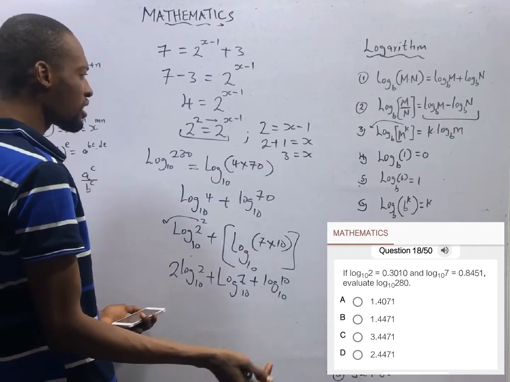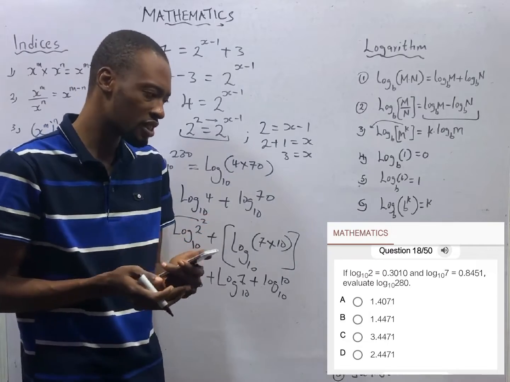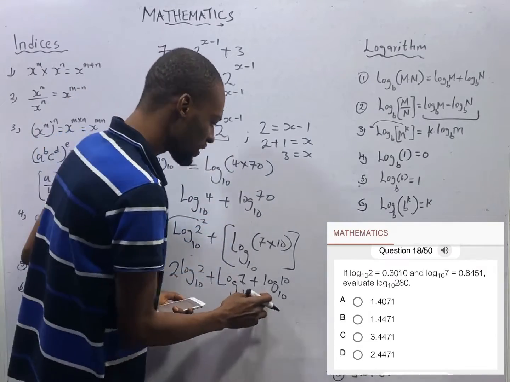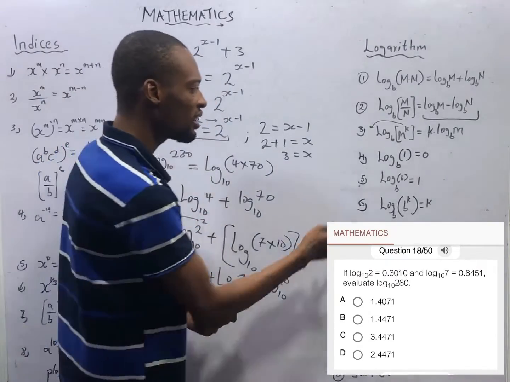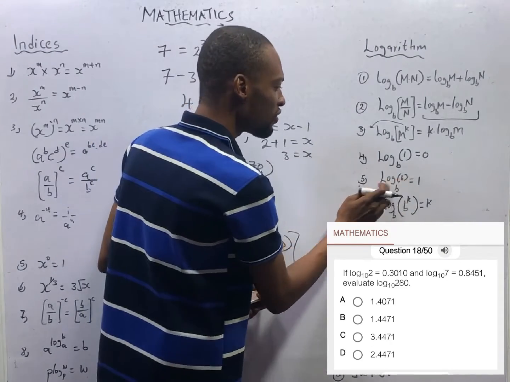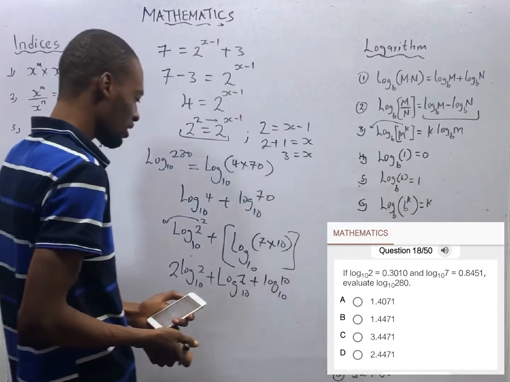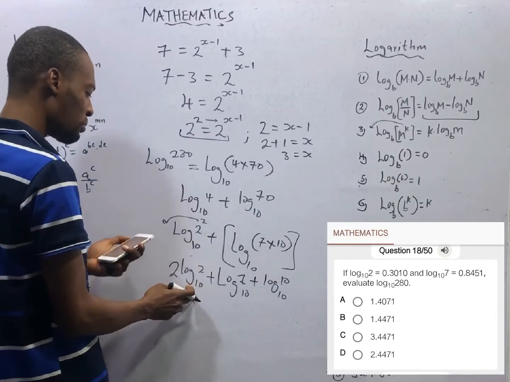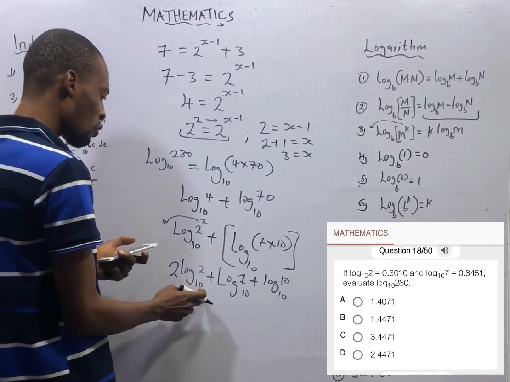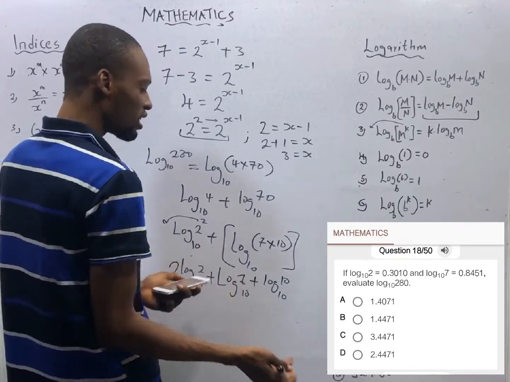With this, food is ready. Why did I say that food is ready? Because log 10 to base 10 is 1. Any log, if the base and the number are the same, you get 1 as the answer. And we have log 2 with base 10 already given, and log 7 with base 10 given.